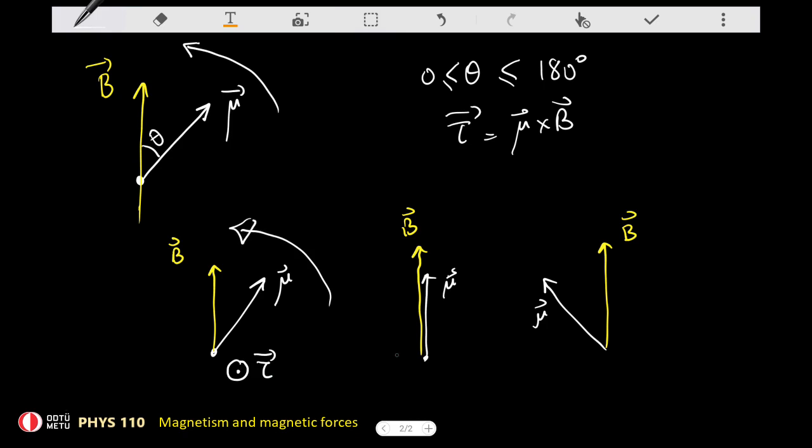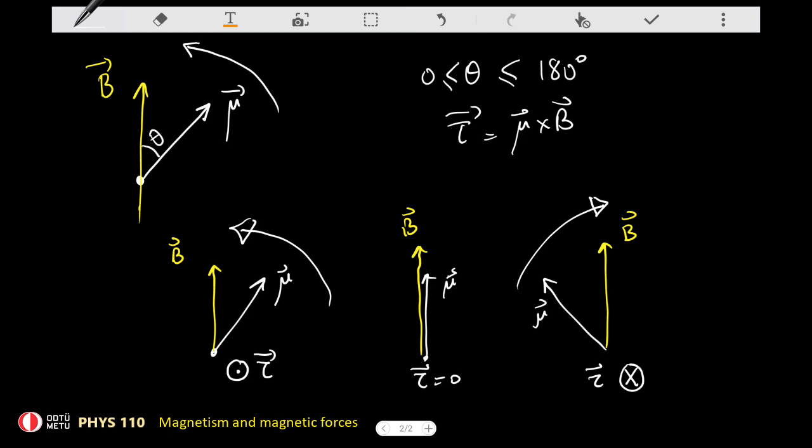For the second case, this one, the magnetic dipole moment is aligned parallel to the magnetic field, so therefore the torque is zero, no torque in here, so it's going to stay there. And finally, for this situation, if you just compute the torque, for the case where both of these vectors are within the plane of the screen, in that case the torque vector is pointing into the board, so therefore the dipole would be forced to rotate along this direction.